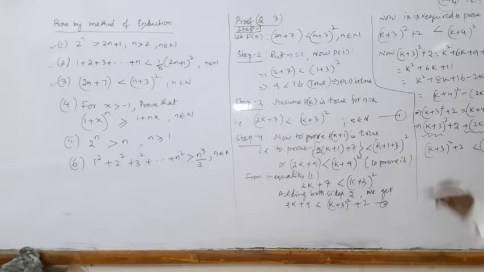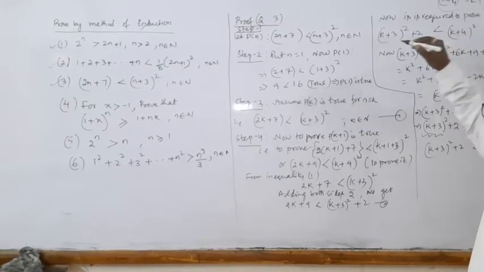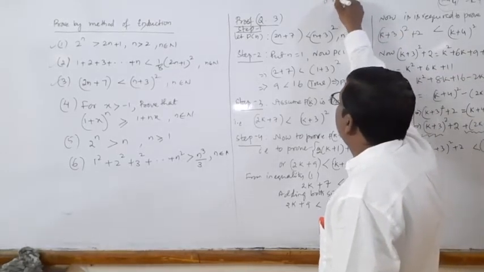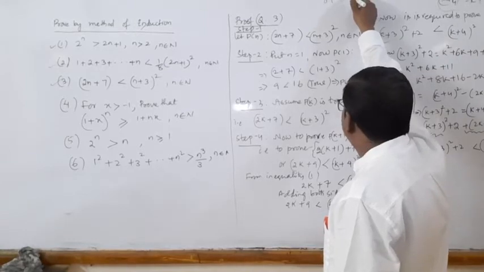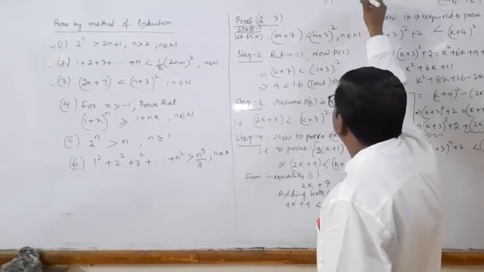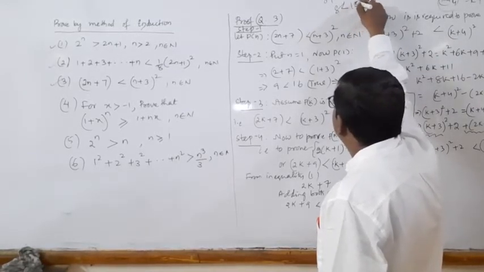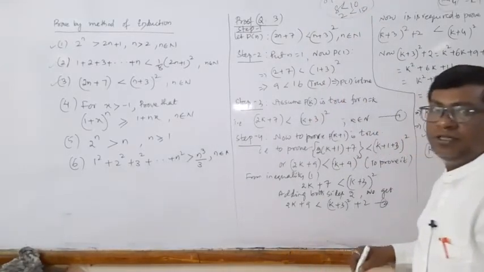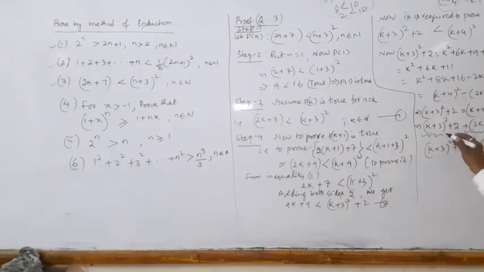One example for understanding: suppose 8 plus 2 is equal to 10. So 8 less than 10, 2 less than 10, we can write. Similarly here, this term plus another term is equal to (k plus 4) whole square.